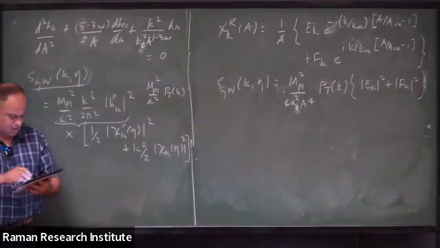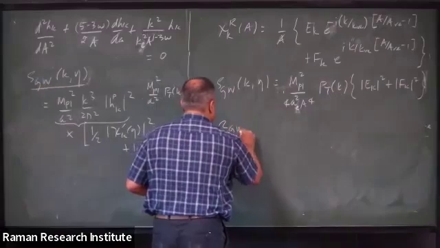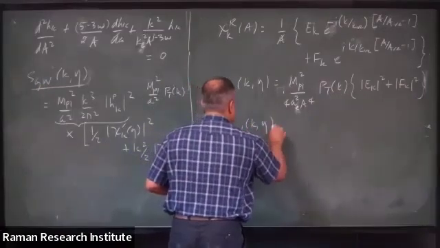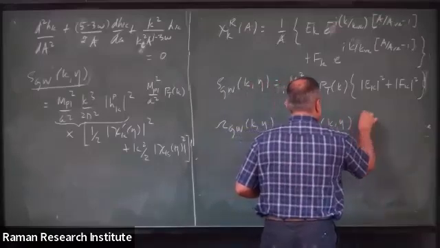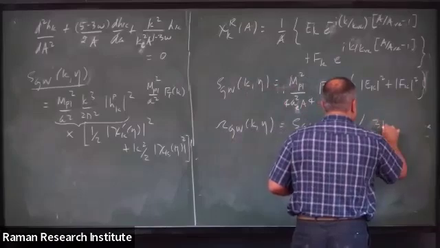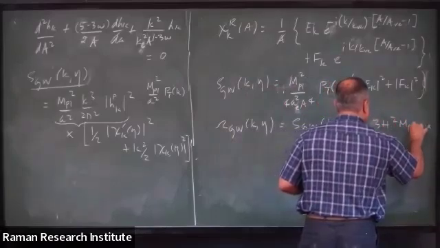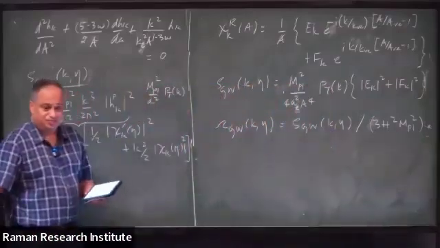Now, what I am interested in is omega_GW of k, eta. What is omega_GW of k, eta? It is rho_GW of k, eta divided by rho critical, which is 3H squared M_PL squared. This is H squared during the radiation domination.